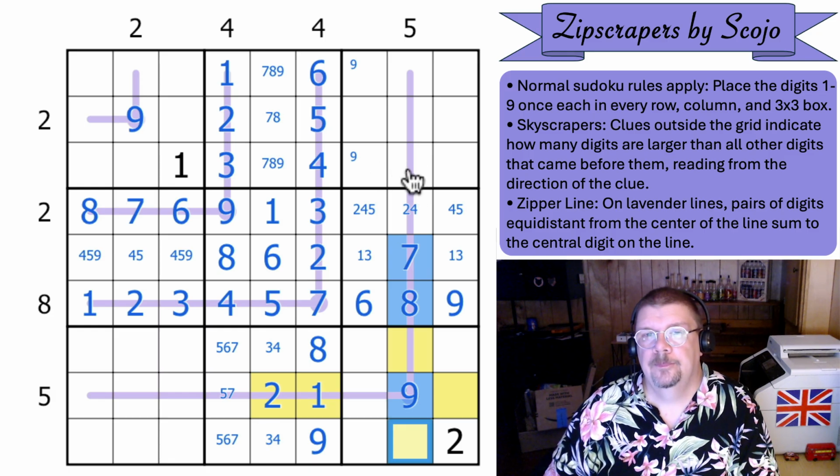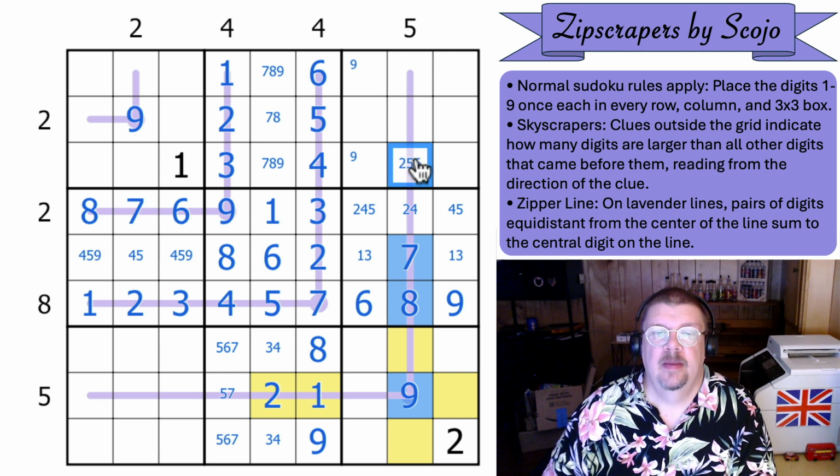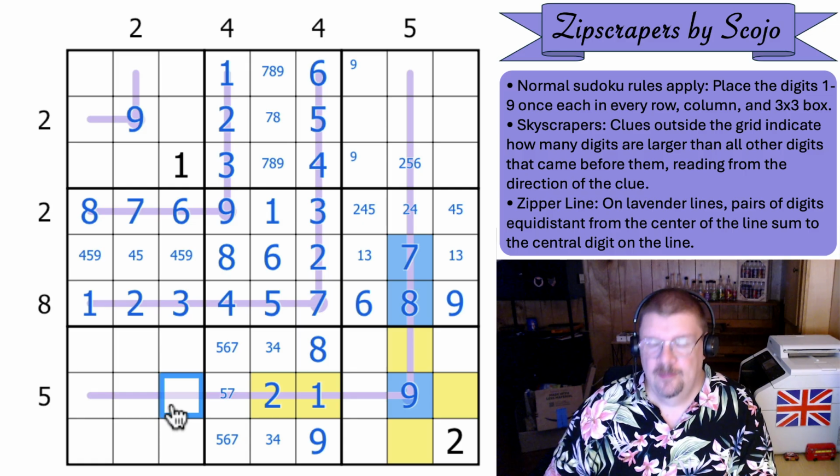All right. This is not 7, 8, 9 or 1, 3, 4. So that's 2, 5 or 6. That means that this cell, by summing to 9, must be 7, 4 or 3.